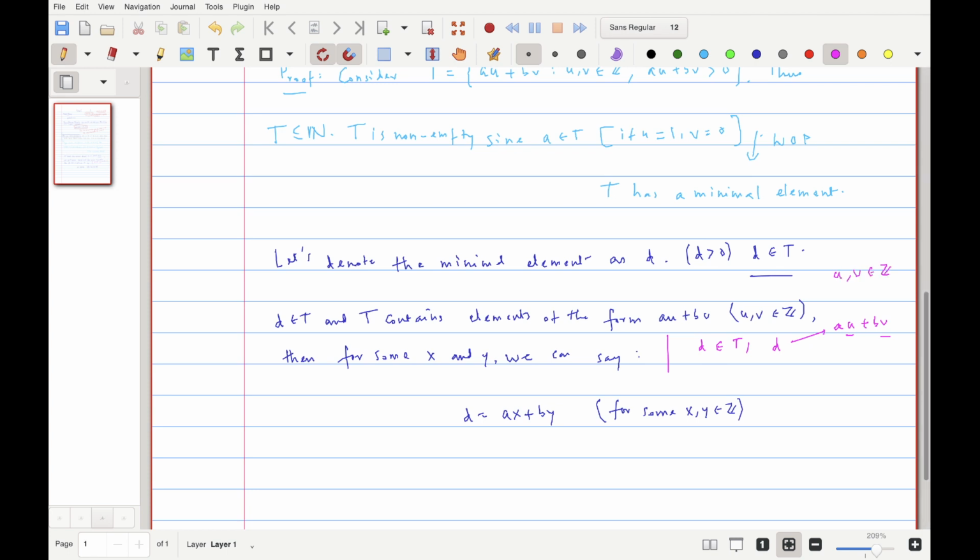So whatever element the set T has, all of them look like AU plus BV, where U and V can be any integer. Now, if the value is D, this value is obtained for some specific value of U and V, right? So in that case we take U to be X and V to be Y. From there we get this. Did you understand what happened there? Okay.